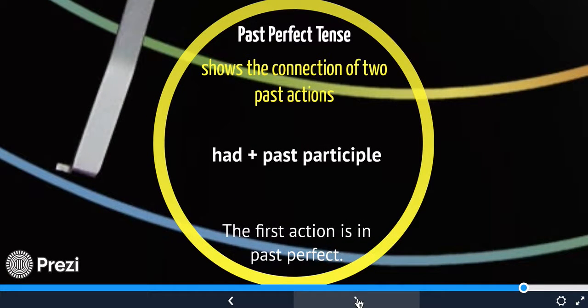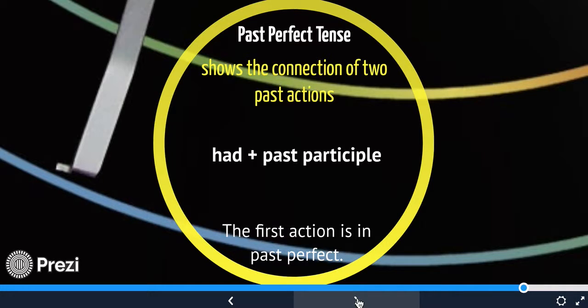The past perfect shows the connection of two past actions. You're using the past of have, which is had, and the past participle. Remember again, the past participle is ed, regular verbs, or that third column of verbs. In a complex sentence, the first action is in past perfect, the second one is in simple past.